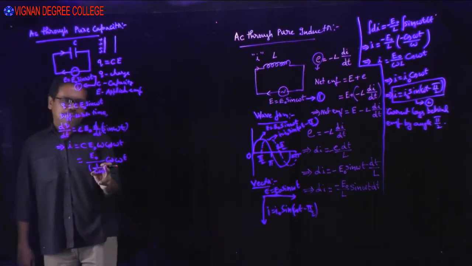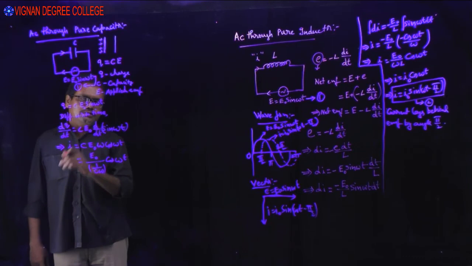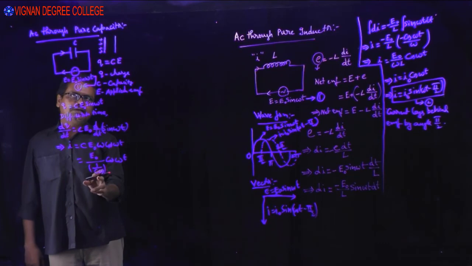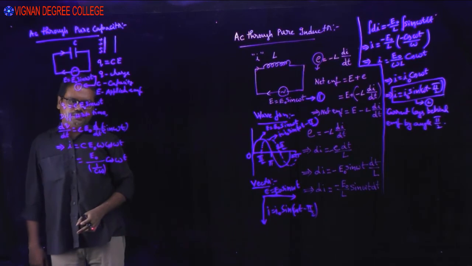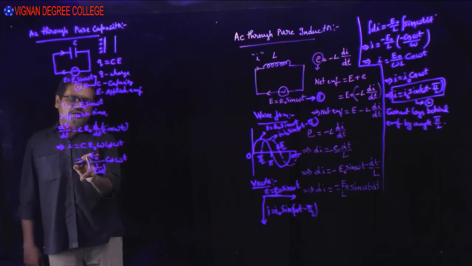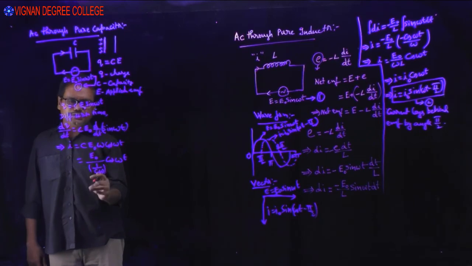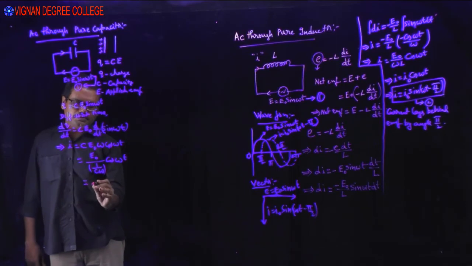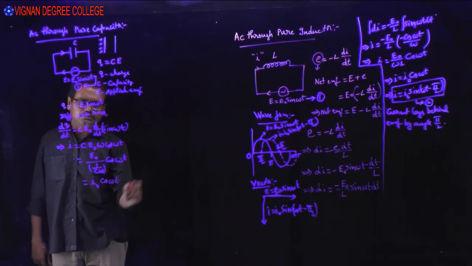In the similar way, 1 by C omega is capacitive reactance. This reactance is nothing but resistance offered by the capacitor for the flow of current. So we are dividing this EMF with reactance. EMF by reactance gives current I. Since EMF is maximum, here the current is also maximum, which is I naught. I naught cos omega t.